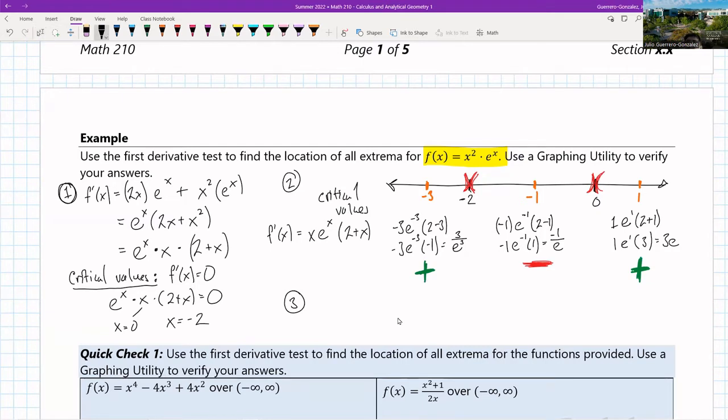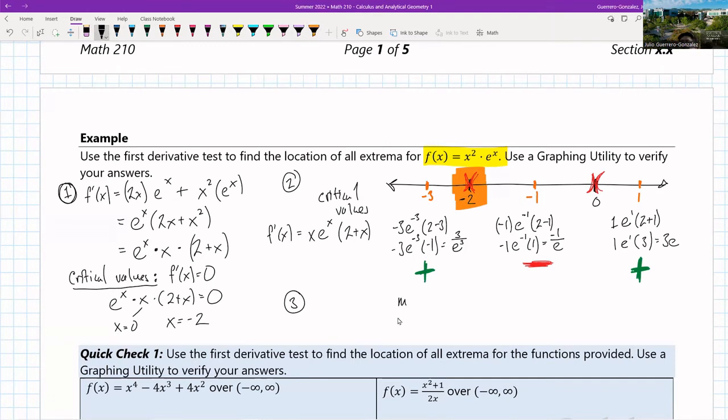So the first one I'm going to look at is this one right here at -2. At -2, the slopes before are positive and the slopes after are negative.